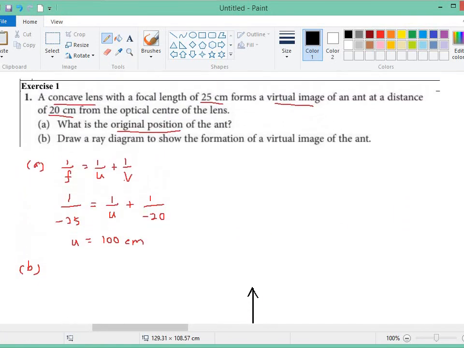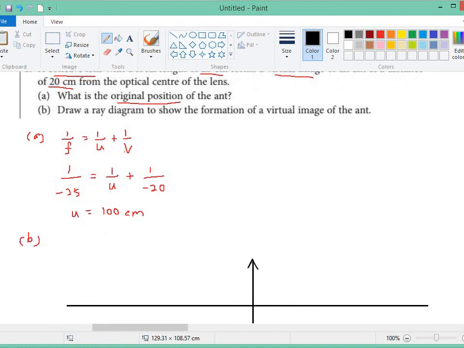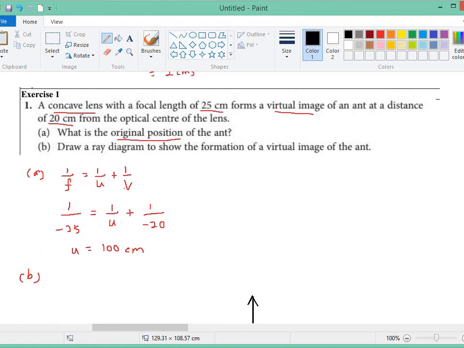The position of the focal point, you don't have to measure exactly. It says that the focal length is 25 centimeter and the image distance is 20 centimeter, and we know that the object distance is 100 centimeter.